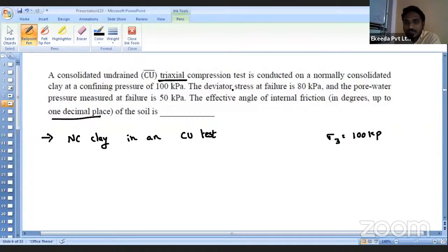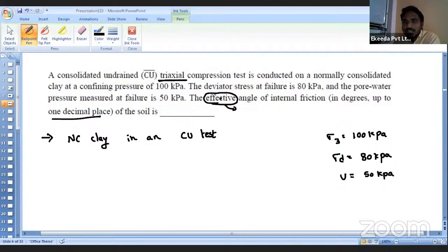And what is the applied stress? The deviator stress, normally represented with sigma subscript d, is given as 80 kilopascal. And also they have given the pore water pressure, which in general we represent with u, equal to 50 kilopascal. And what we have to find is the effective angle of friction.